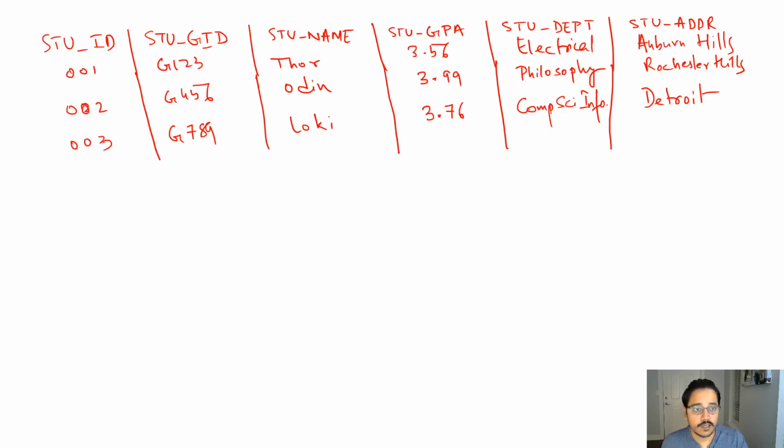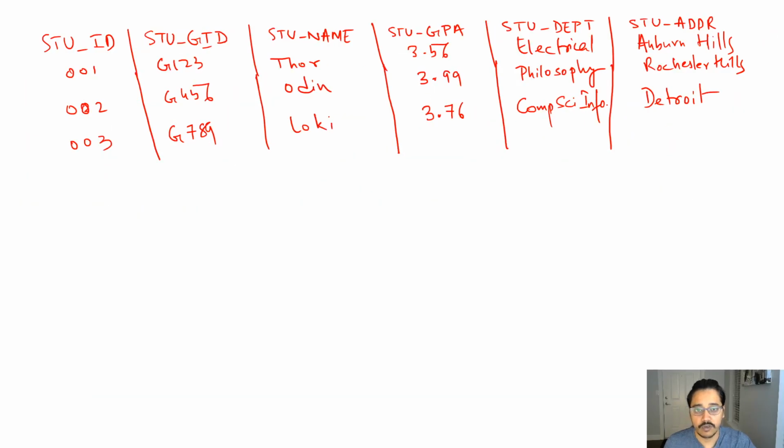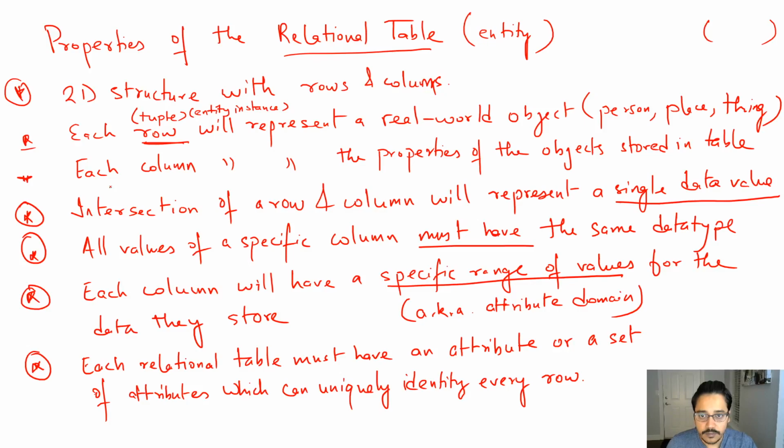So now if we look at the properties that we had here, let's try to look at each one of them, right? So it's a 2D structure with rows and columns. So here it is, a 2D structure with rows and columns, okay? Thereafter, each row is going to represent a real-world object.